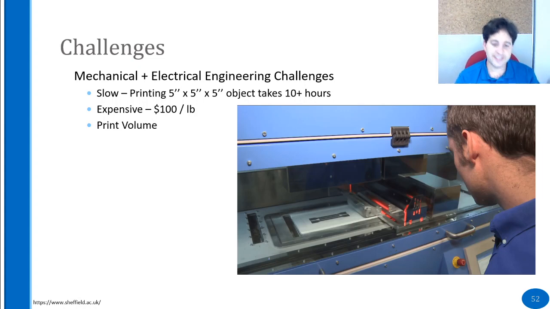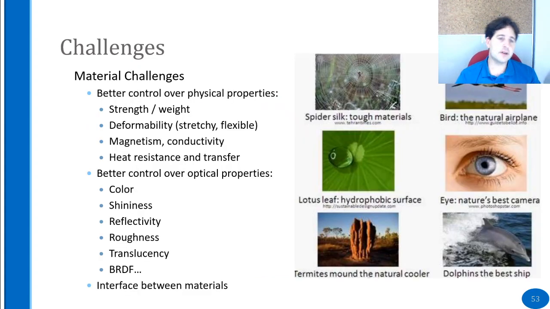So these are still challenges that have to be met in order to make 3D printing more accessible and popular. Another aspect is material challenges. We still don't have the span of materials for 3D printing that we would like. We would like more transparent materials, more opaque materials, and a greater variety of colors.